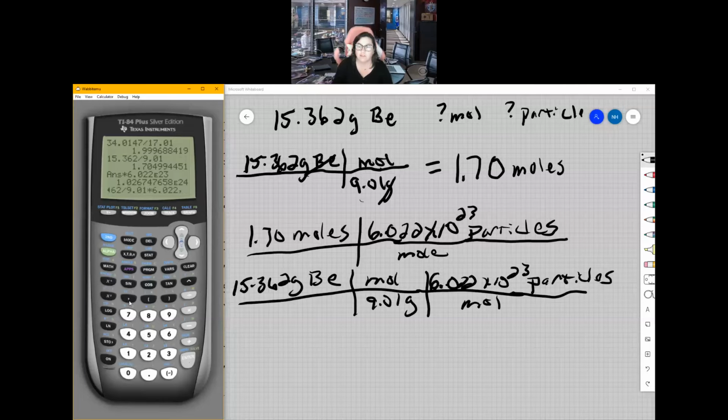Got to hit the second to the 23rd. Notice I end up with the same number as long as I've taken all of those digits.